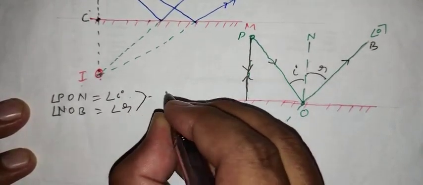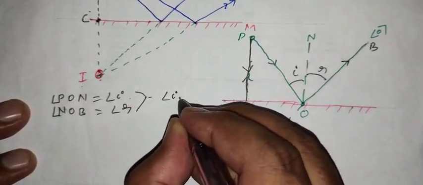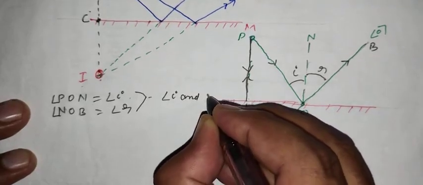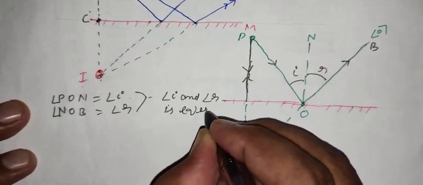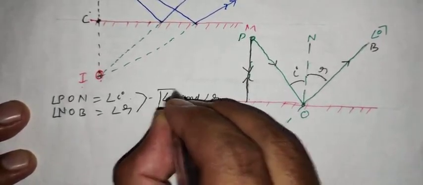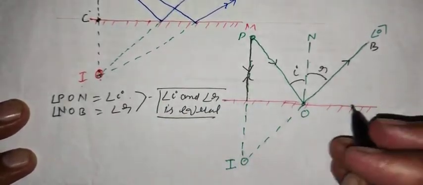And by the law of reflection, both angle i and angle r are equal.